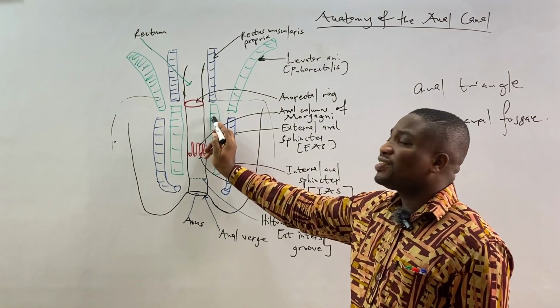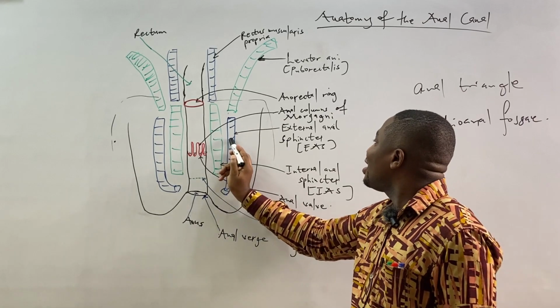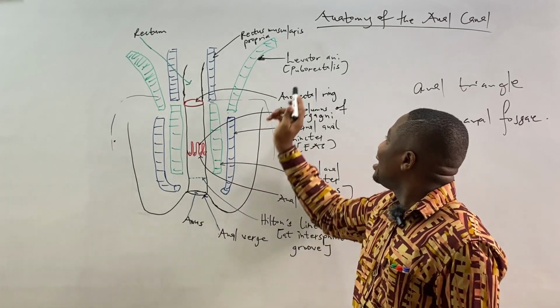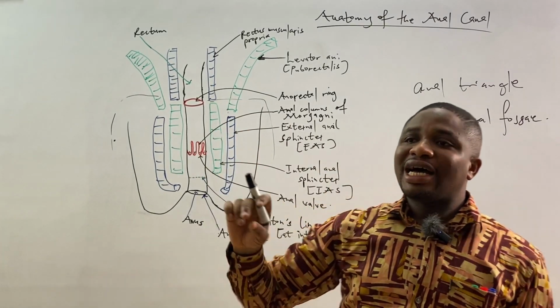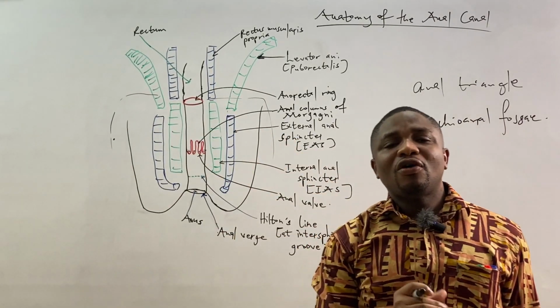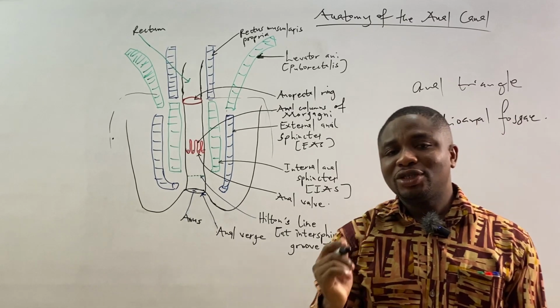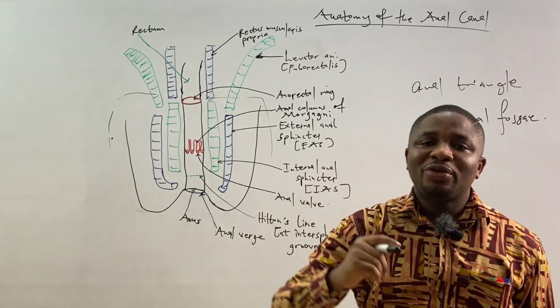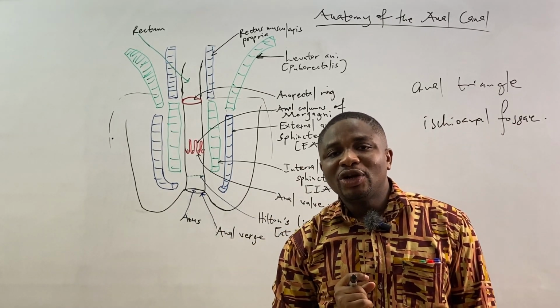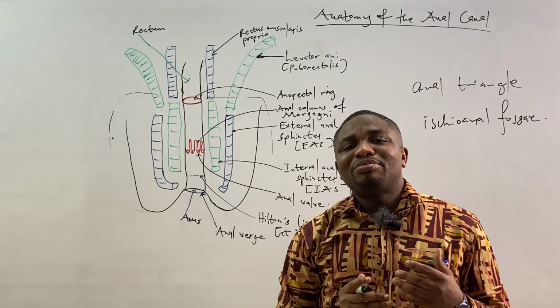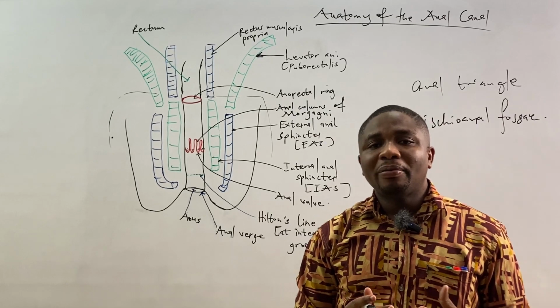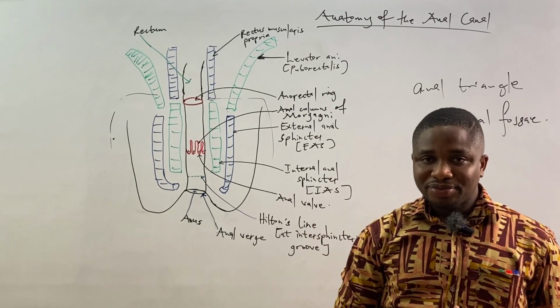The internal anal sphincter, the external anal sphincter, and the puborectalis. When they are fused at the junction of the anal canal and the rectum, they form a muscular ring known as the anorectal ring, and it is the anorectal ring that separates the rectum from the anal canal.